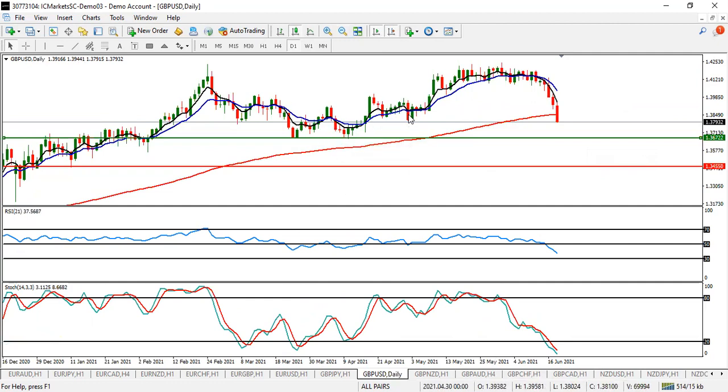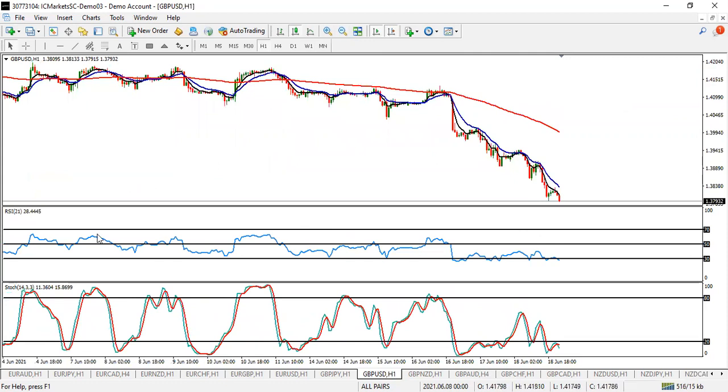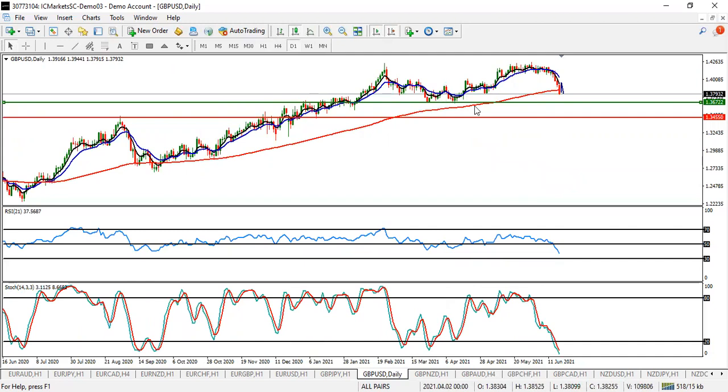We can see price has already broken this support, so we're expecting it to drop down to 1.3672 on the daily side. For our entry time frame, we wait for the pullback to happen, take our sell trade and exit before the green support.